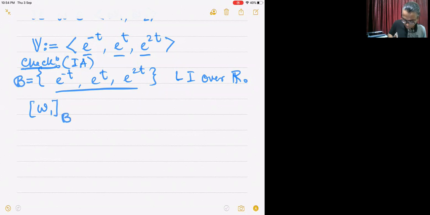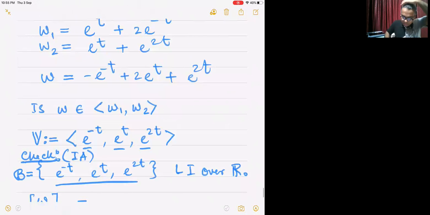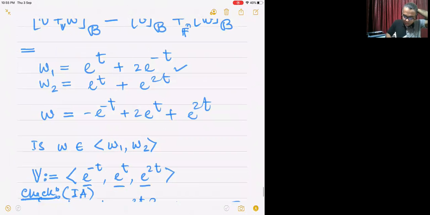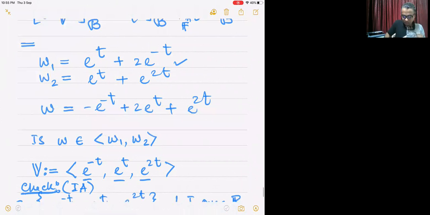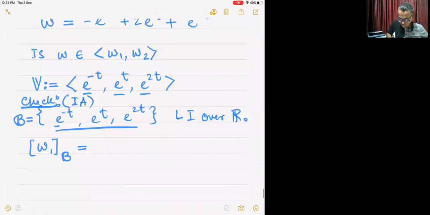What is w1 in B? What will it be? I already have this linear combination: w1 is given as the linear combination e to the power t plus 2 e to the power minus t. So in the ordered basis, this is 2 multiplied by e to the power minus t plus 1 multiplied by e to the power t and 0 multiplied by e to the power 2t. So this will be 2, 1, 0.